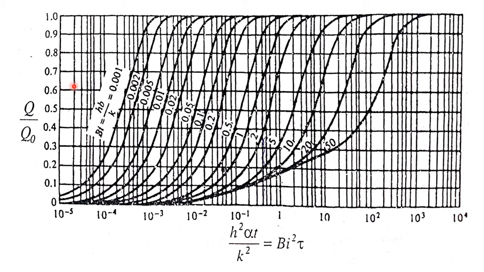I hope you have understood how we calculate this. So Biot number square into Fourier number is 0.4. I moved vertically upwards until it intersects the curve of Biot number 1.1. From there I moved horizontally towards the left, and it is around 0.62 from the graph. This is how we calculated the value of Q divided by Q maximum as 0.62.